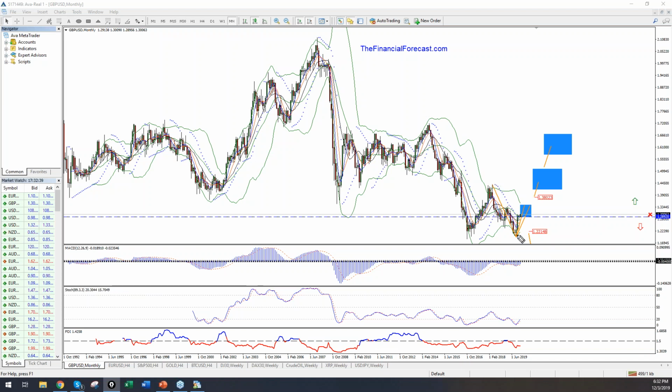We have one sequence to the downside and a movement to the upside. This movement to the upside could be a correction of the previous movement, so this small movement here could be the corrective movement of the previous movement to the downside. But we are not 100% sure about this now.